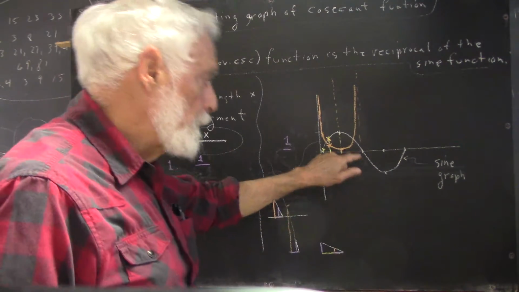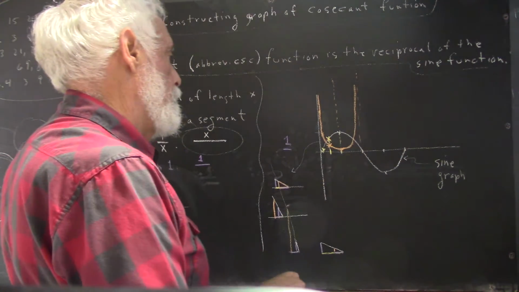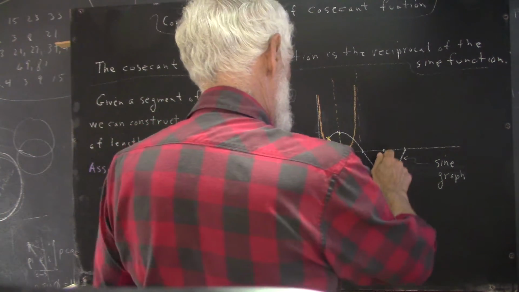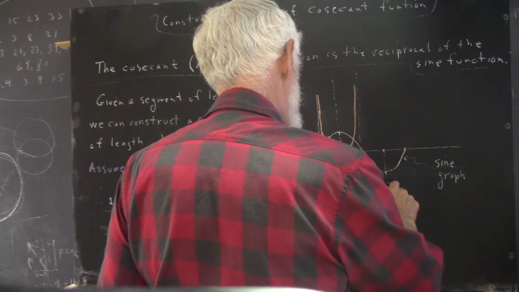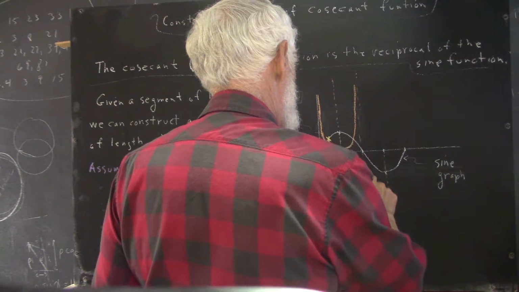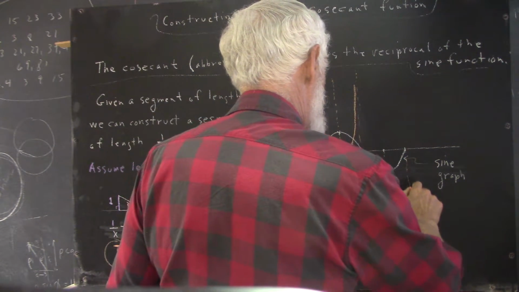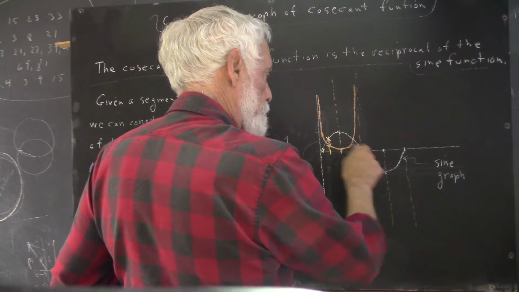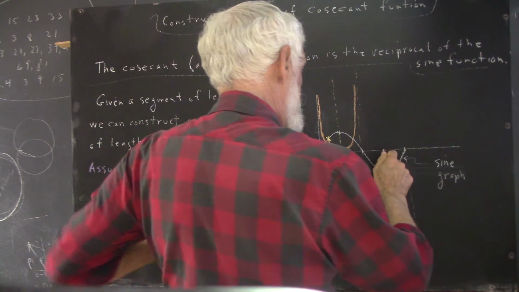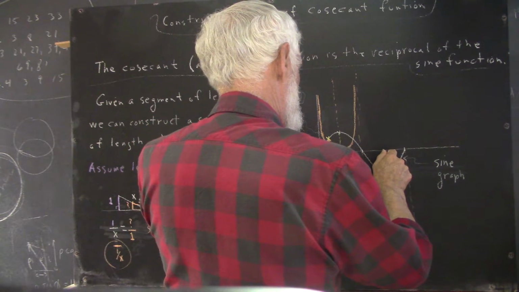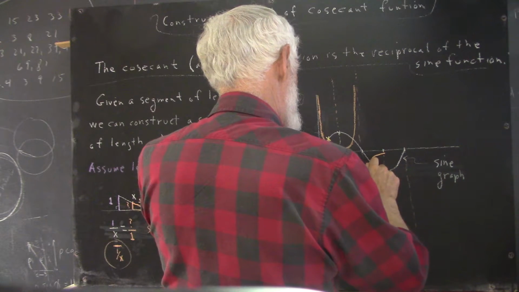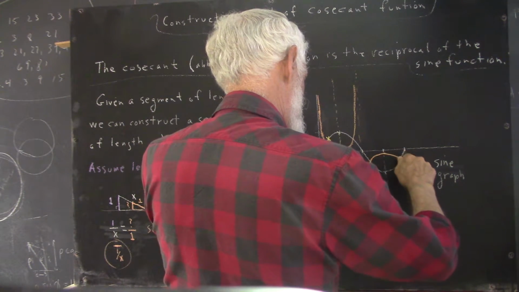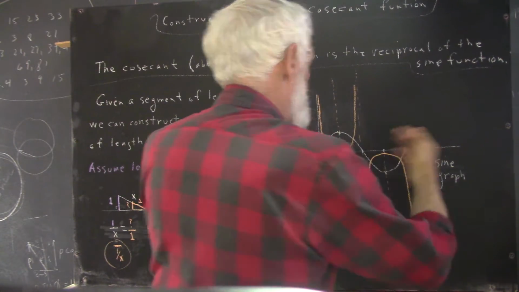Then we can use more symmetry. And of course we could construct this point by point, but we can use another symmetry argument to show that what we get over here is going to be symmetric through this point with what we have here, so that we're going to get a graph that looks something like this.